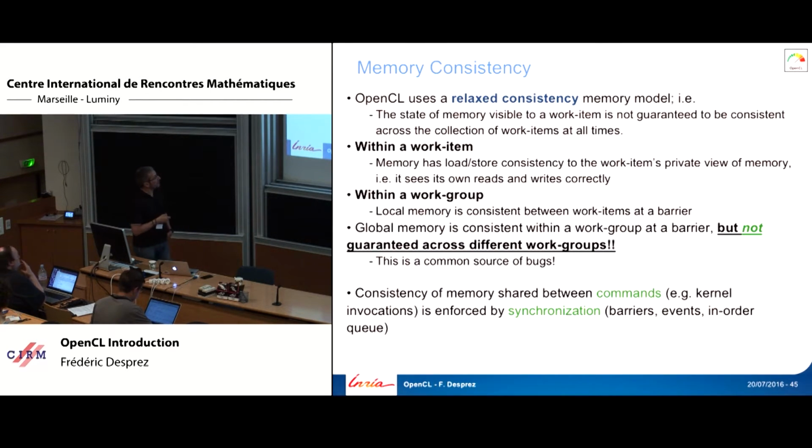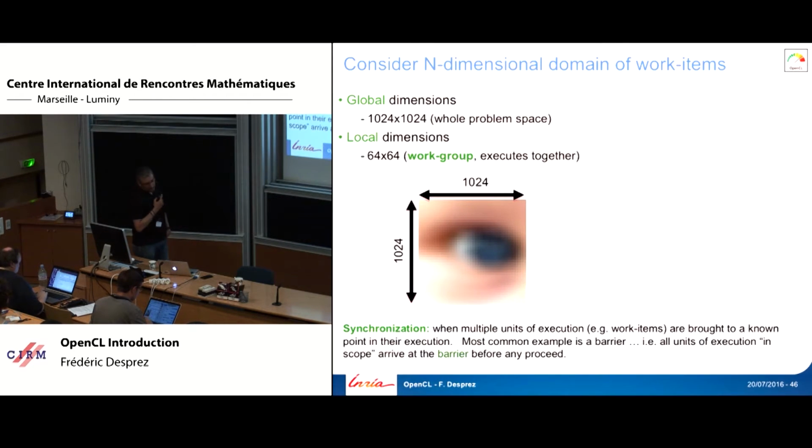So it is enforced, as I said, by synchronization. So kernel invocation ensures this memory consistency. So again, with this n-dimensional work item space, you have global dimensions and local dimensions.